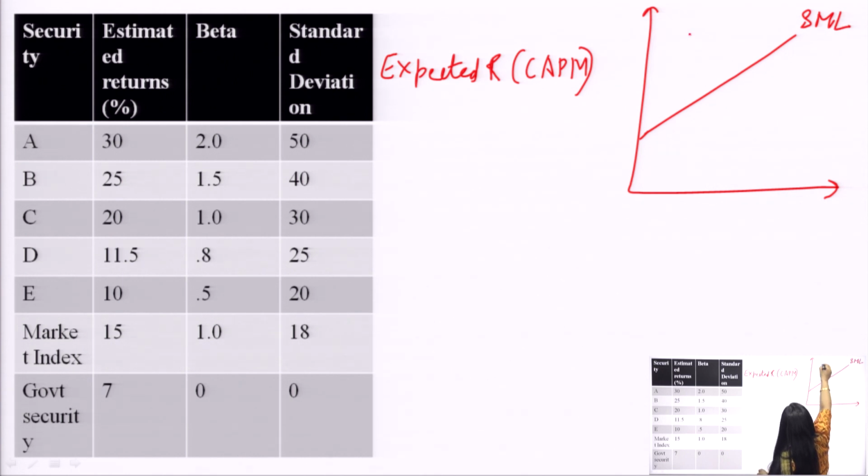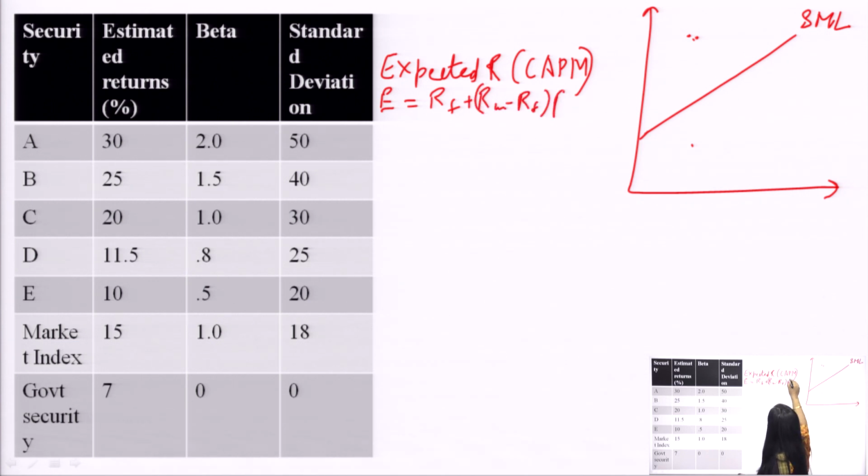If they lie above, we will say underpriced, and if they lie below, we will say overpriced. Okay. The formula, we know what the formula is, the expected return will be equal to RF plus RM minus RF into beta I, as I have already said.